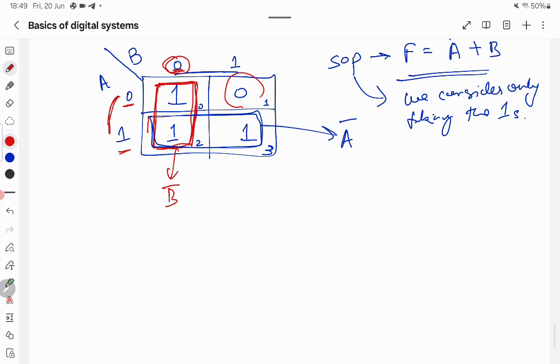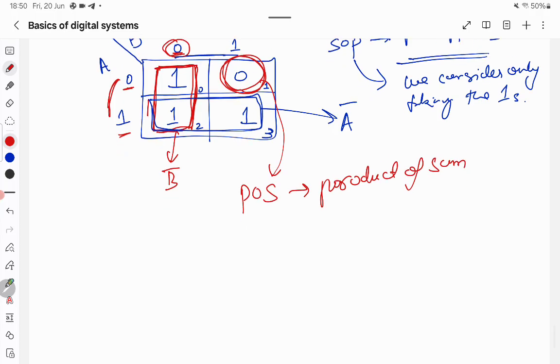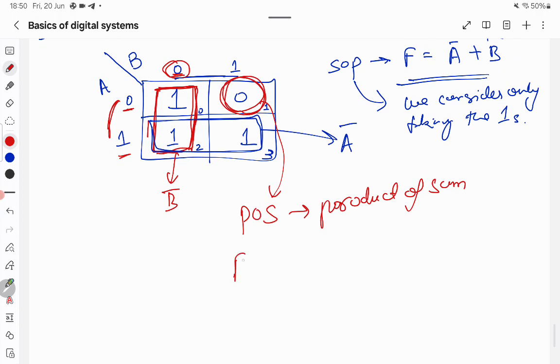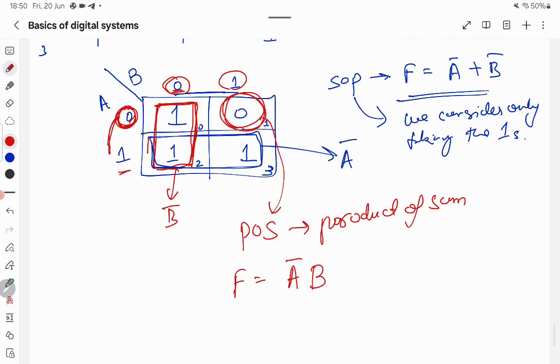If we take only the zeros, this one will be POS, product of sum. So what will this be? If you see here, a and b, both the values are not changing, so it will be a complement, since a is 0, and b is 1. Let me make a small change.